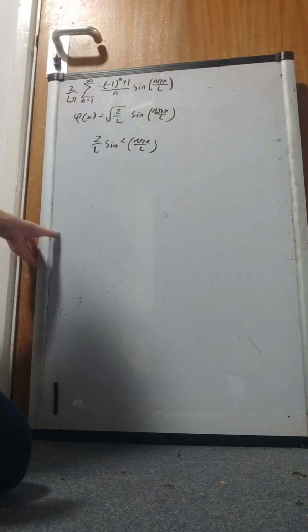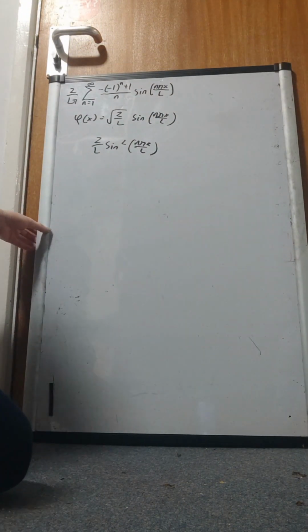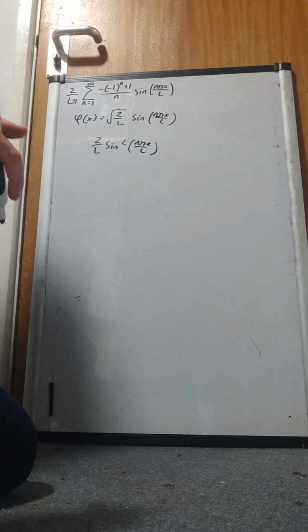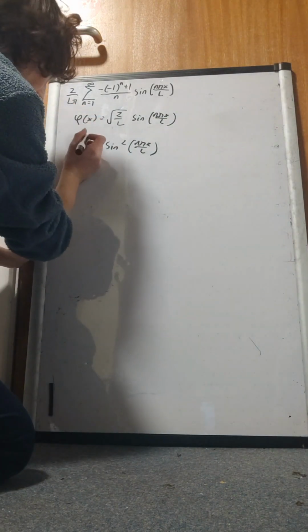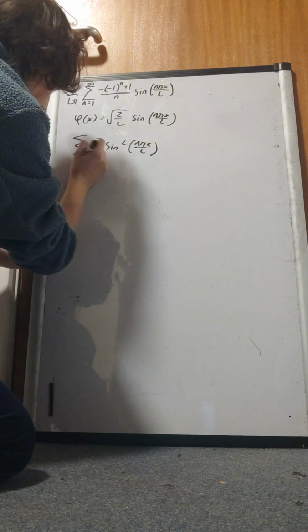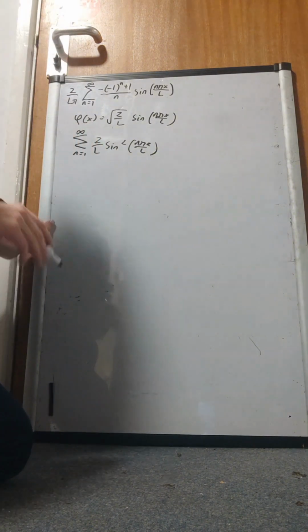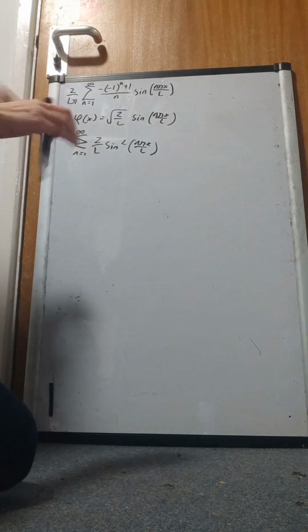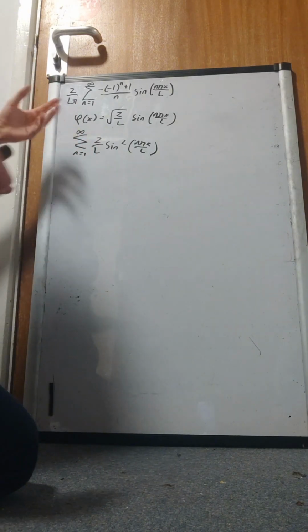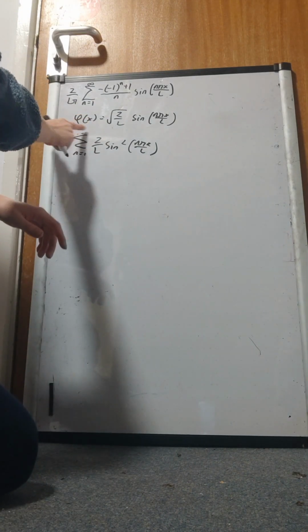Now, if I simply sum these up, from n equals 1 to infinity, I should arrive at something that looks a lot like a square wave, right? But of course, because I'm adding these together, it's going to get bigger and bigger. Actually, I won't say infinity because that's going to make it difficult.